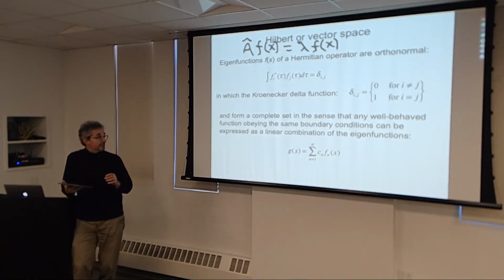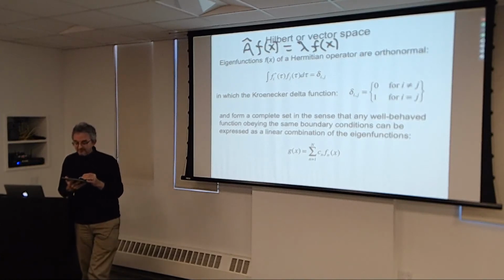So Hermitian operators have the very convenient property that they're what's called orthonormal. If we have two different eigenfunctions of some operator, and we multiply them together, taking the complex conjugate of one of them, and then integrate, we get either 0 or 1.